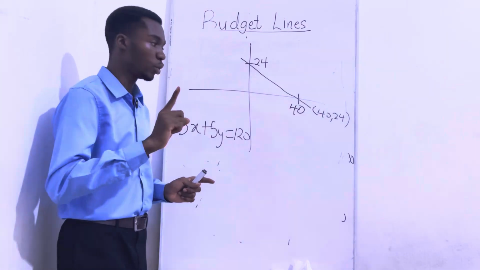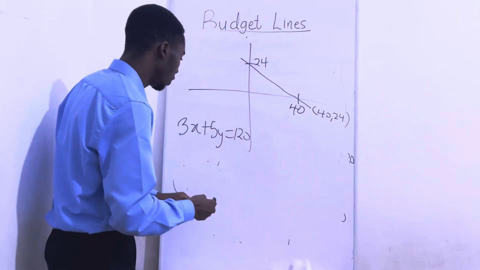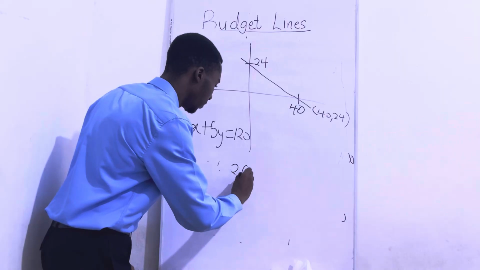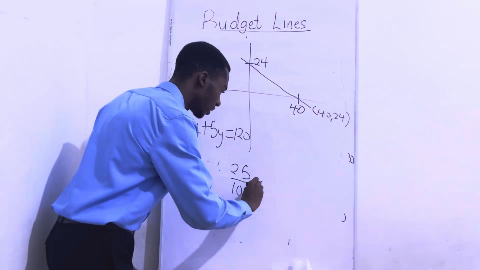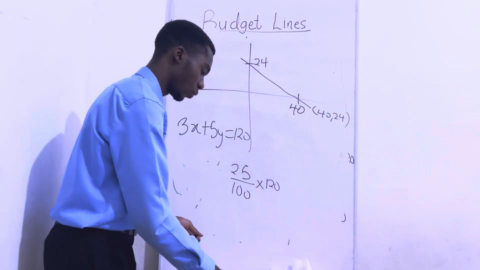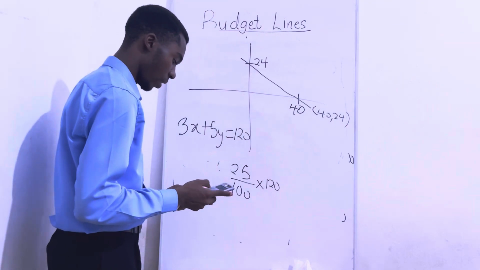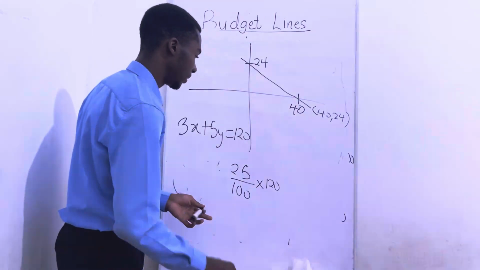So the first thing we do is we calculate 25% of 120. Percent is always over 100. So 25 over 100 times 120. You can just punch this on the calculator. So we are getting 30.